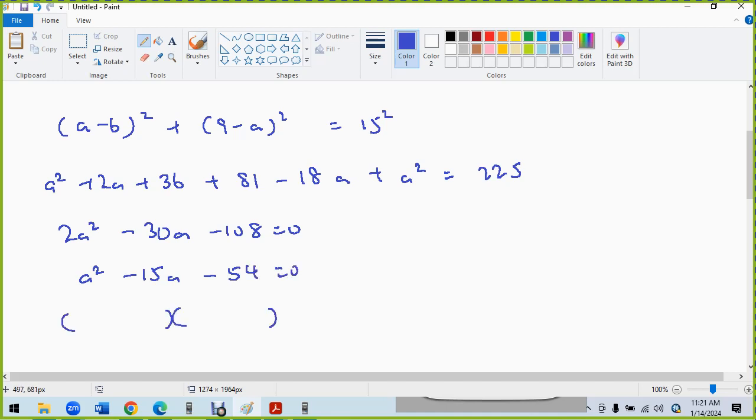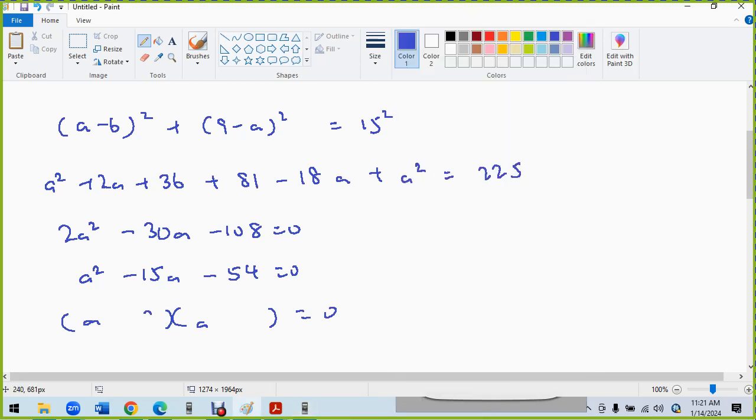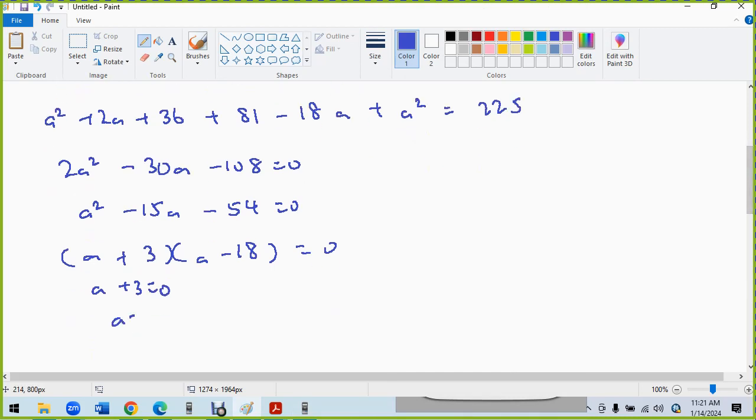Then we factorise, and the numbers will be 3 and 18. 3 times 18 is 54, so one negative and one positive. So A plus 3 equal to 0, then A equals negative 3. A minus 18 equal to 0, then A equals 18. So this is the answer: A equals negative 3 or A equals 18.